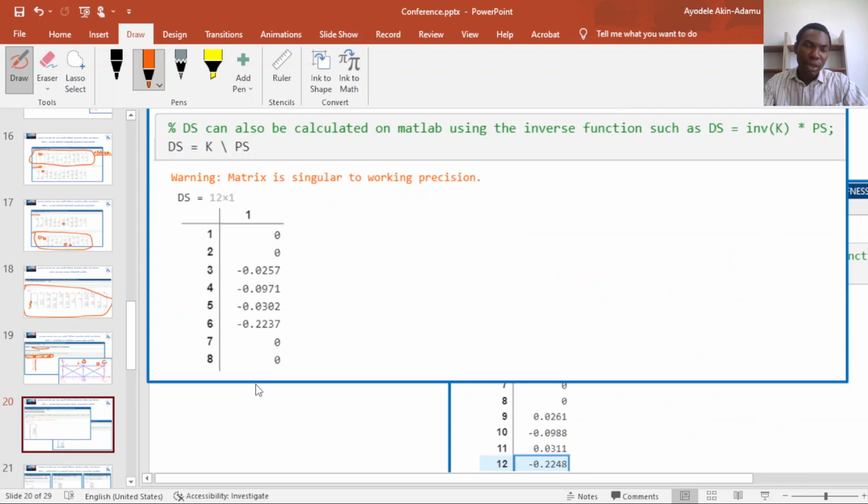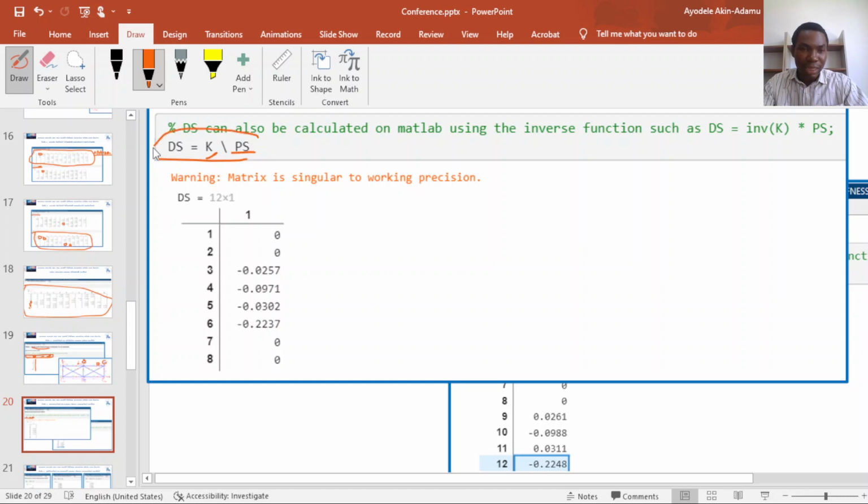So now we have defined our global stiffness matrix and our force vector. We can calculate our displacement vector for the 12 degrees of freedom simply by inverting K and multiplying by PS.